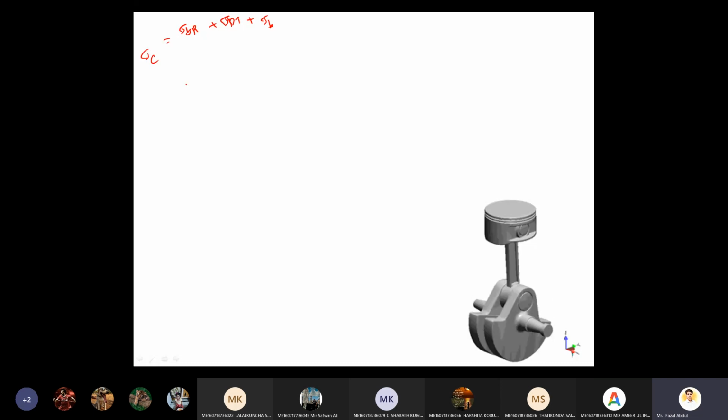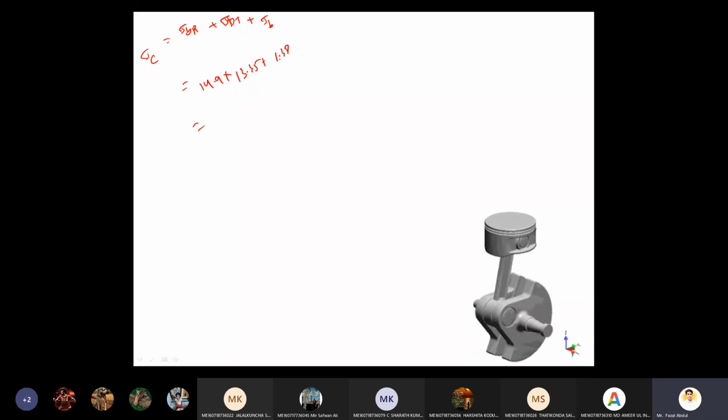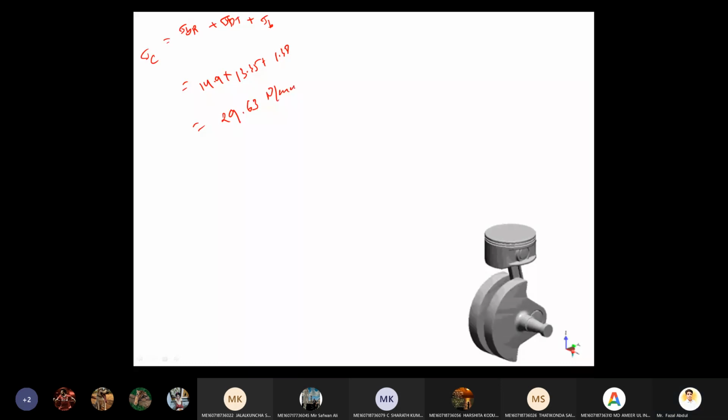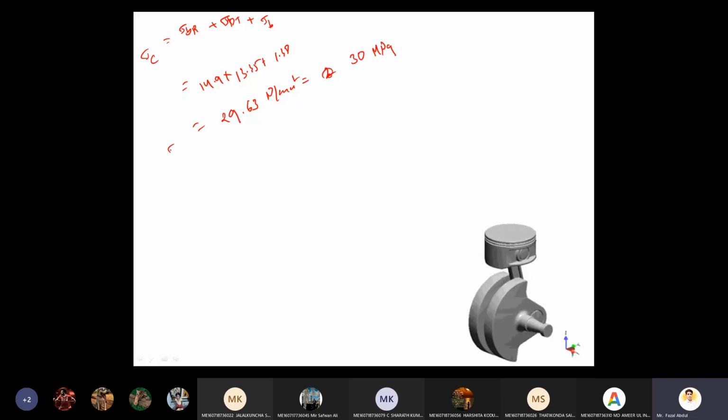One by one, 14.9 plus 13.35 plus 1.38. So how much is this? 29.63 Newton per mm square. That is nearly 30 megapascal, the total compressive stress acting on the crankshaft.